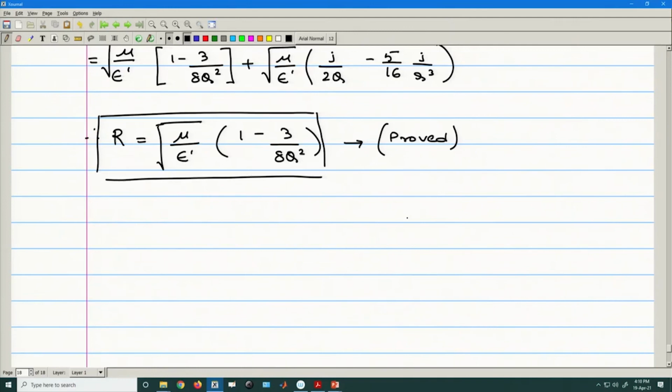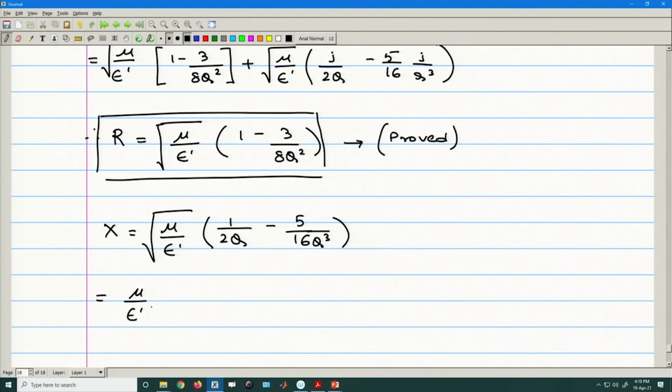from the imaginary part we will get x as mu by epsilon prime. This will be 1 by 2q minus 5 by 16 q cube. Okay, so now just simplifying a little bit more will yield root under of mu by epsilon prime.